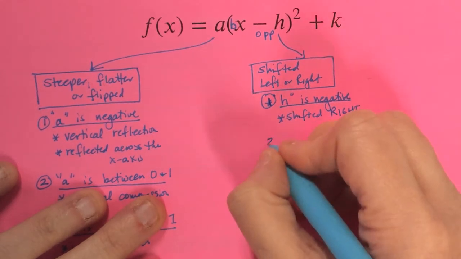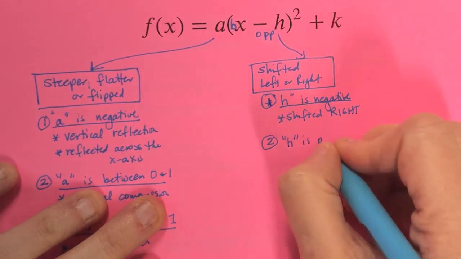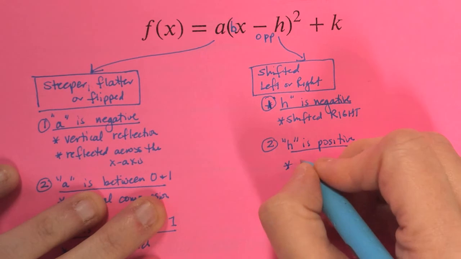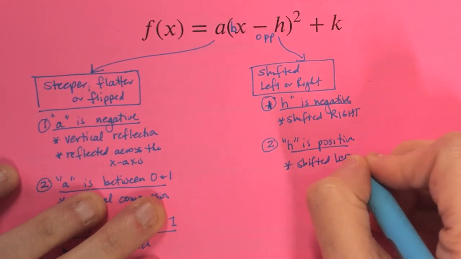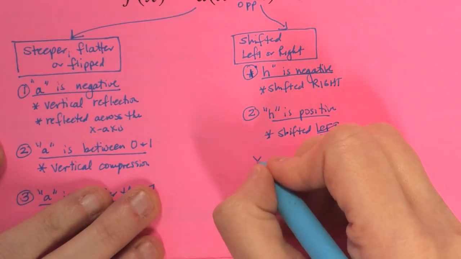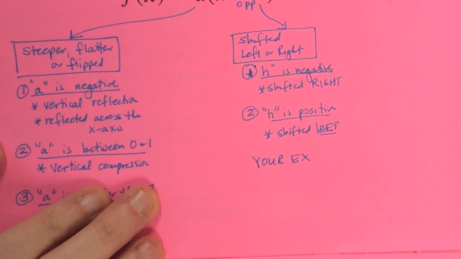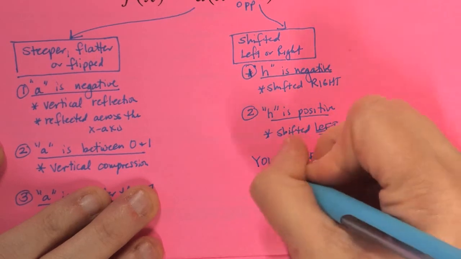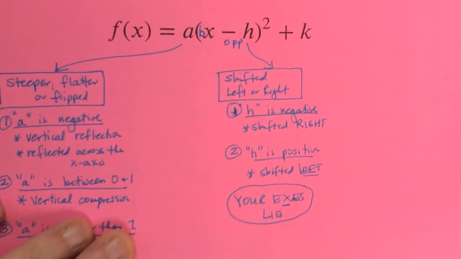Okay, you could also see that H is positive, in which case you are shifted left. Why? Because your X's lie. Remember, your X's don't do what we think they're going to do.